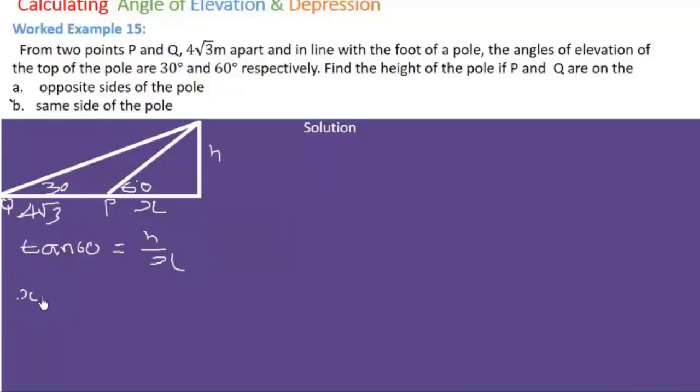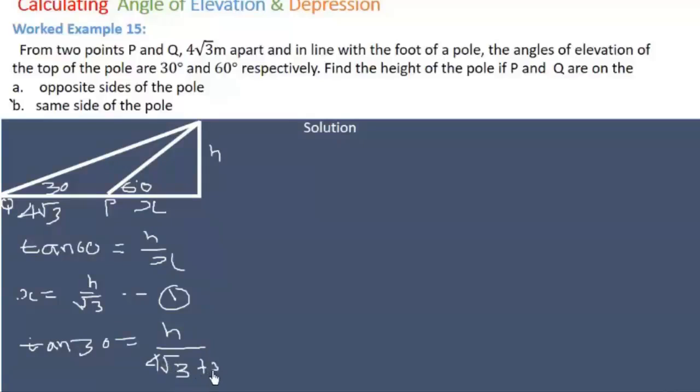That is, our x will still be equal to h over root 3. So equation 1. Then we are also looking at the bigger triangle. So from here to here will be 4 root 3 plus x. So we have tan 30 is equal to h over 4 root 3 plus x. So we know that this is root 3 over 3.